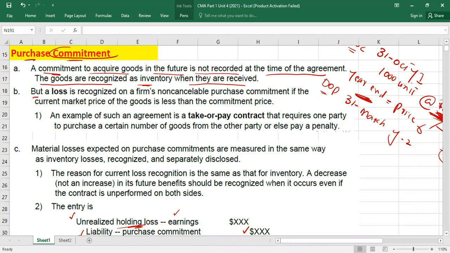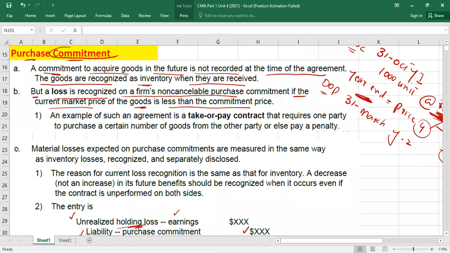Next point: however, a loss is recognized on the firm's non-cancelable purchase commitment if the current market price, which was in my example $4, is less than the commitment price. Loss you have to agree with.